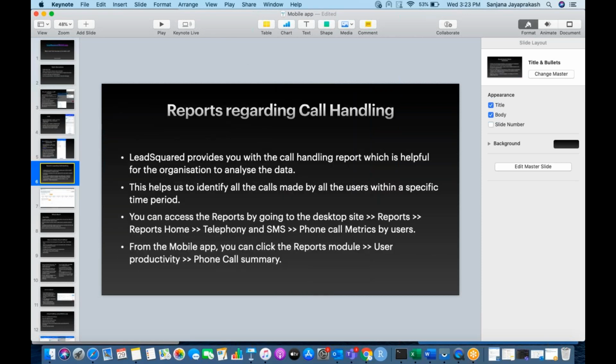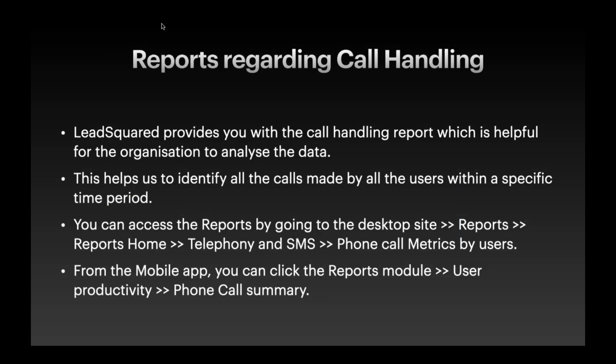So next one is reports. Talking about reports, we should know how many calls have been made by how many users. This report is completely based on the cloud calling, or a third party call service enabled in your account, because we won't have the other call handling report or the phone dialer reports here.